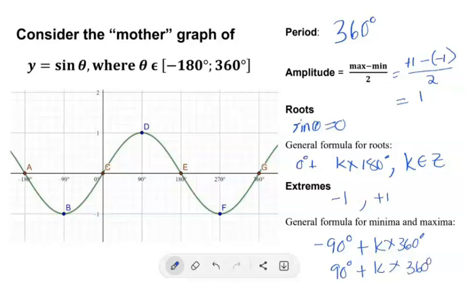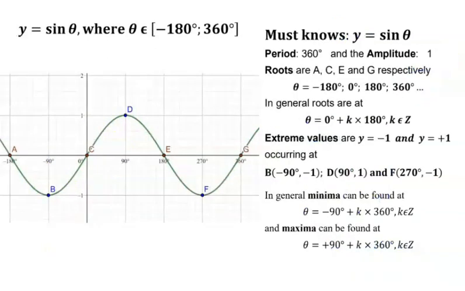On the next page, I made a summary with all the properties, and you can use that as a must-know sheet to keep for yourself. This is now what we discussed on the previous page: the period of 360 degrees, the amplitude, etc. We've listed all the roots, where they appear, what they are.